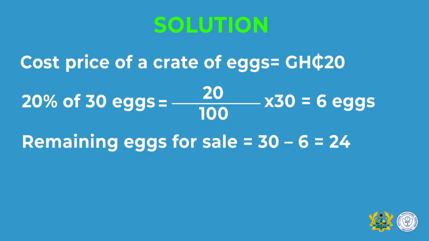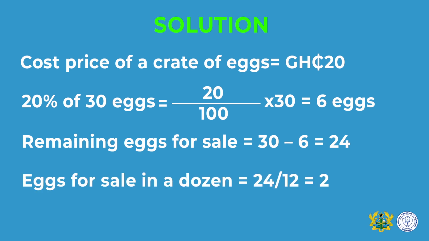But there was a condition that he sold at 15 Ghana cedis a dozen, and the number of eggs we have now is 24. This means the number of dozens, as can be seen on the screen, will be 24 divided by 12, since a dozen is 12, and that will give us 2 dozen.